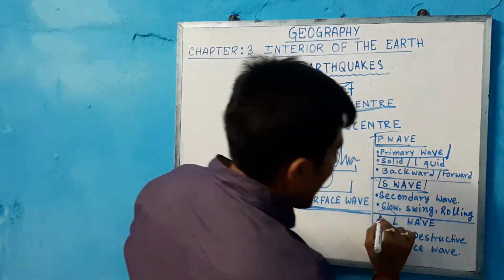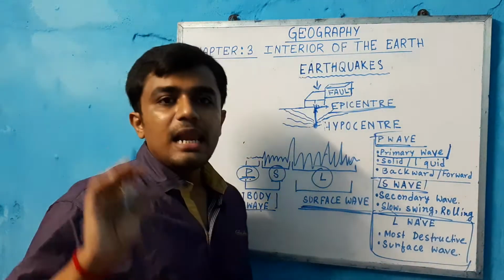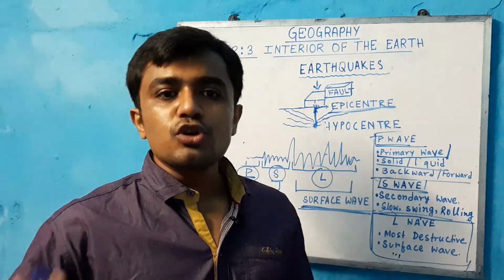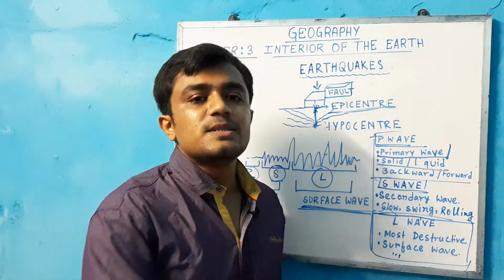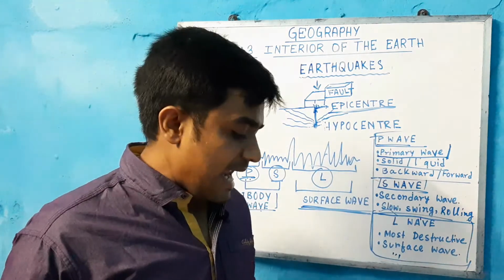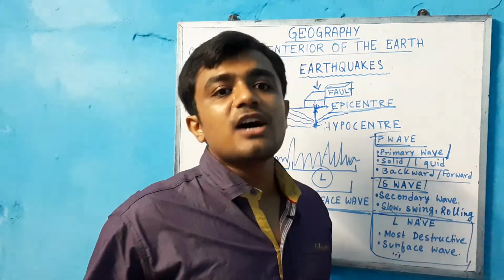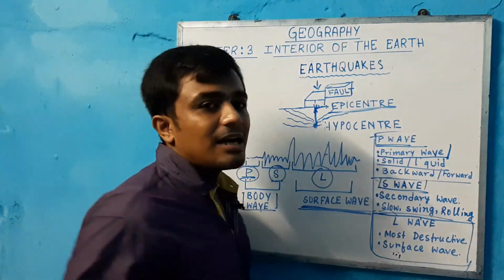Next, the last wave is known as the L wave or large wave. Students, the large wave is the most destructive and it is last recorded in the seismograph. Okay, and it is also known as surface wave. Clear? This is all about earthquake.